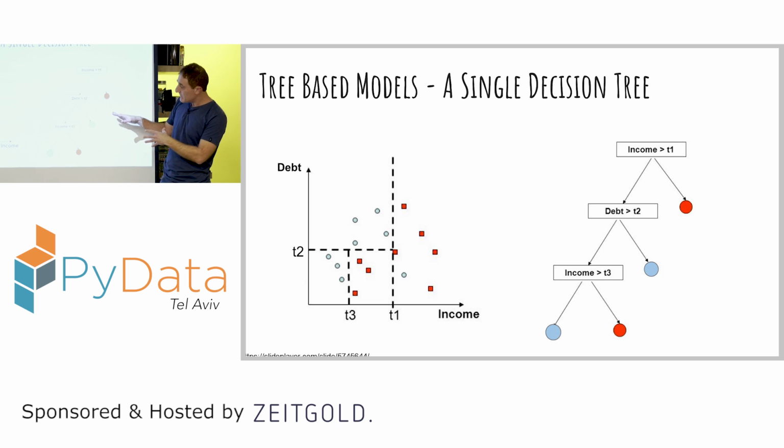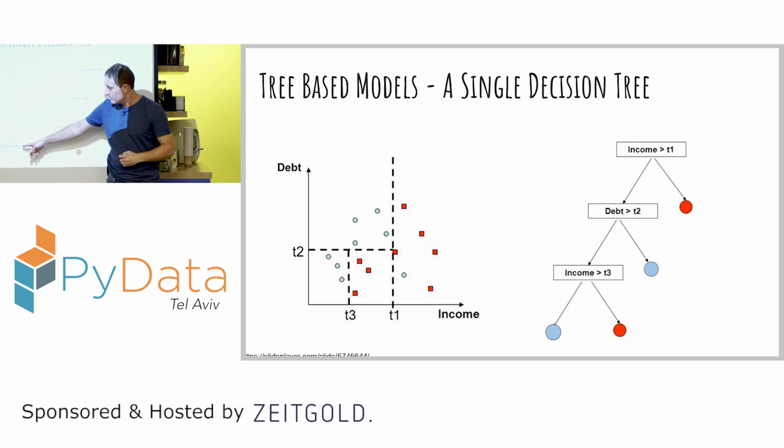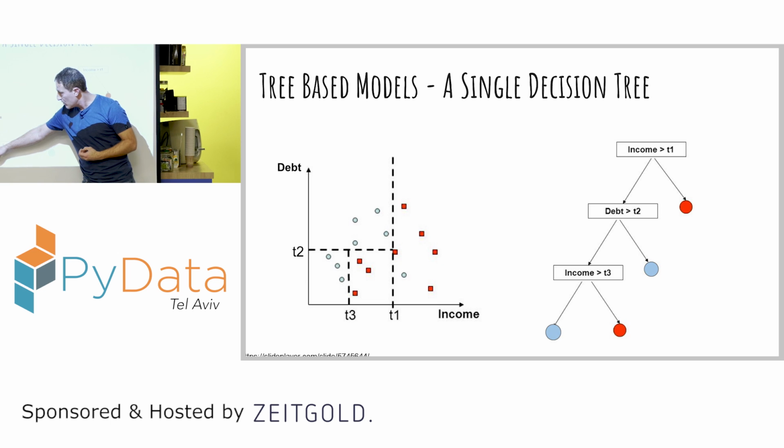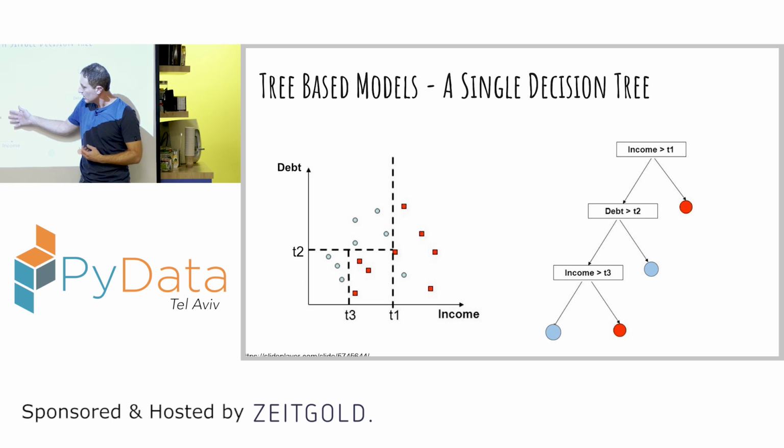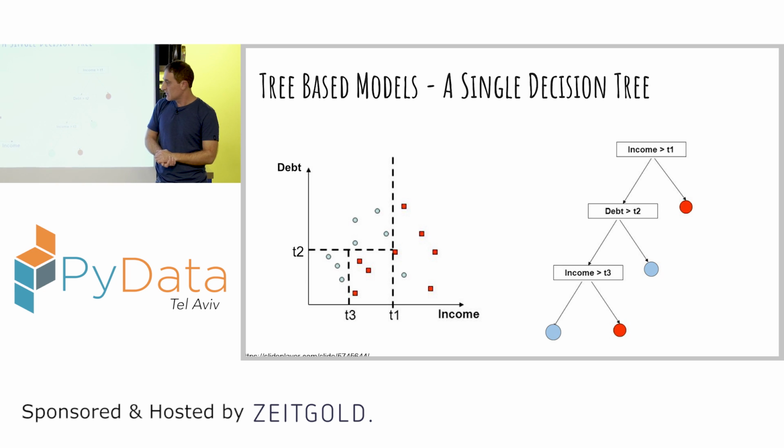So what happens in this diagram is that on the first decision point, the model takes the income as the feature to separate with, at T1, and then we have the majority of red on the right hand side and the blue on the left hand side.